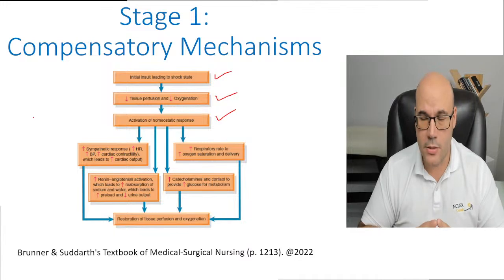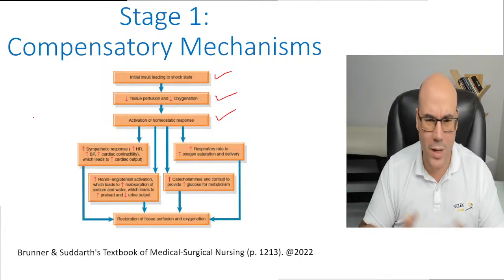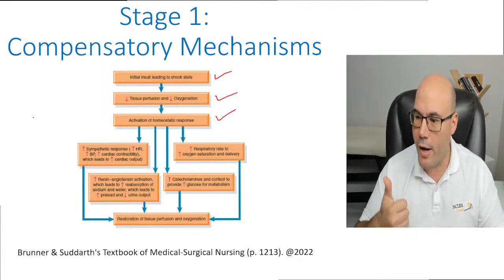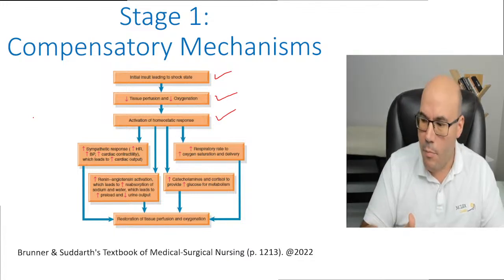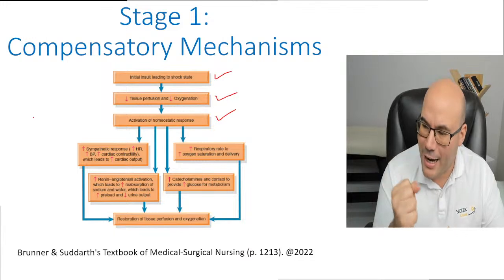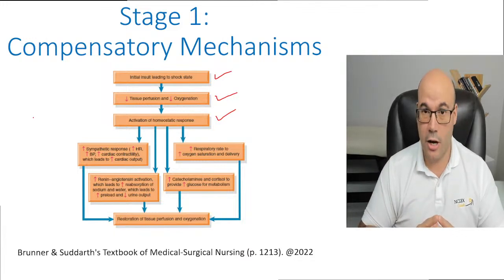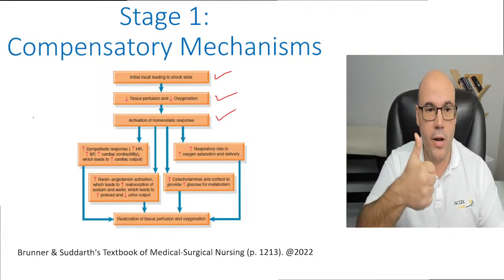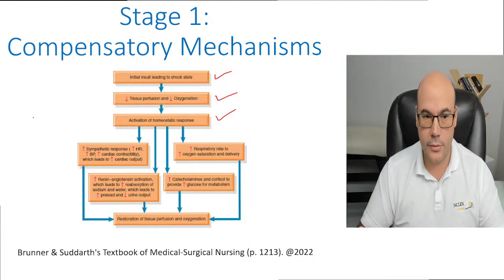Well, let's look at the cardiovascular response. There's going to be an increase in the sympathetic response. What does that mean? Increased heart rate, increased blood pressure, and increased cardiac contractility. What's going to be the end result? Increased cardiac output.